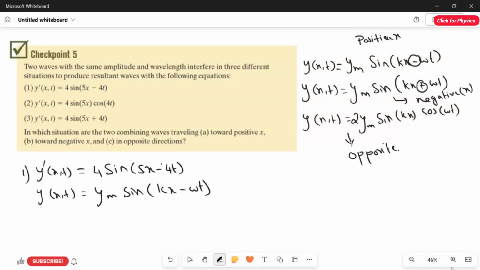So now we can see here we have minus. This is the general equation. That means this equation tells us the wave is moving in the positive direction of x. Clear?